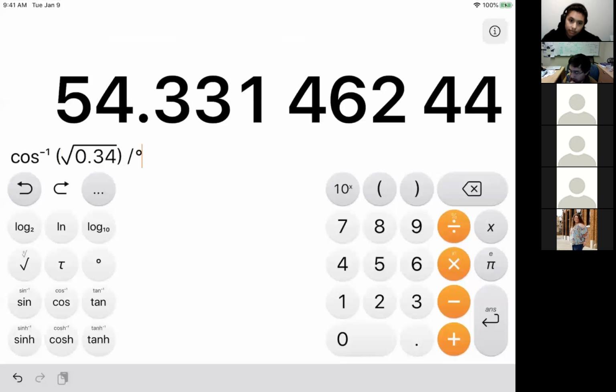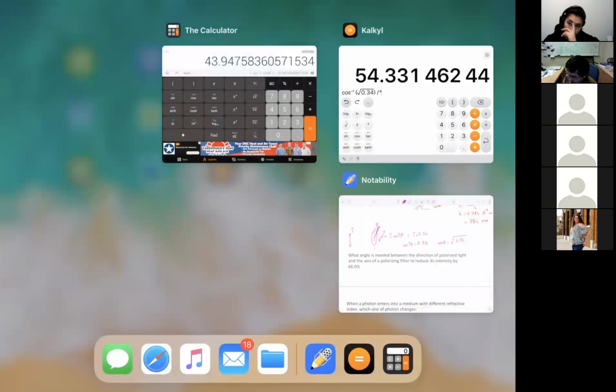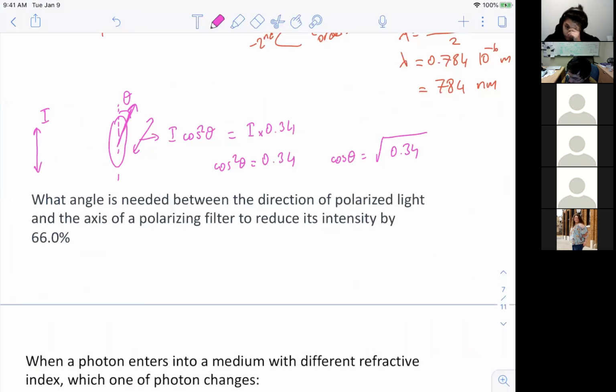Yeah, okay. So this is how you can find the theta. What I did is cosine inverse, 54.